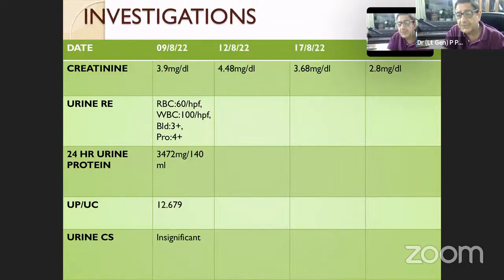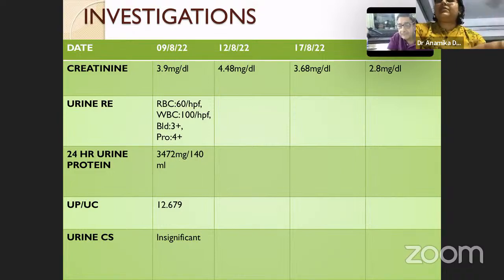First question, should we stop or not? Sir, in case of acute renal failure, definitely we should withhold the ARB, and we should restart it only when the renal function has stabilized. That will depend on the serial follow-up of the patient.